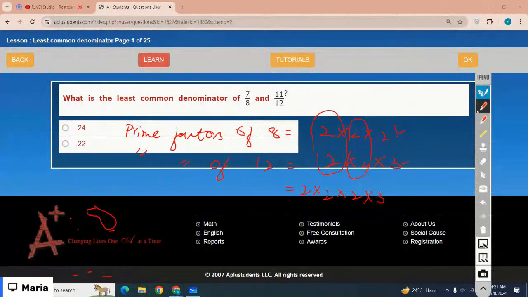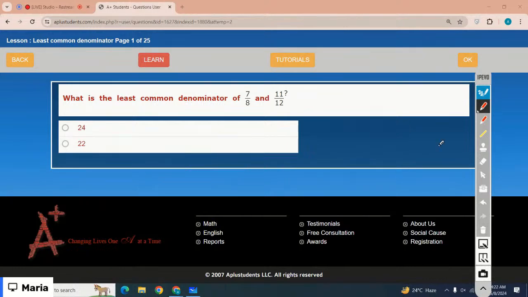So the least common denominator is 24. So the correct option is 24.